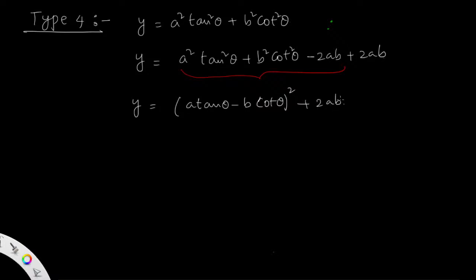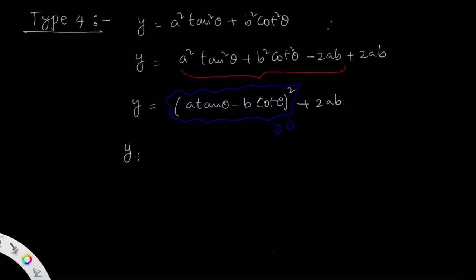Are you following what I have done here? a square tan square theta plus b square cot square theta minus 2ab, plus 2ab I added. The first 3 terms can be converted to a tan theta minus b cot theta whole square, plus 2ab. Now this whole square can never be negative. It always gives a positive value.